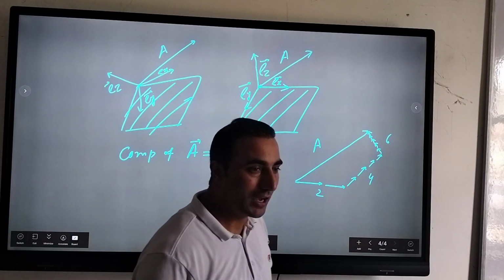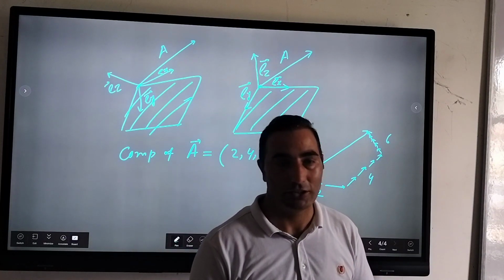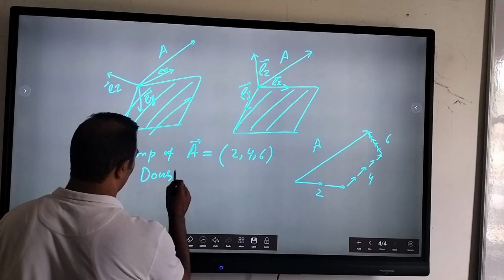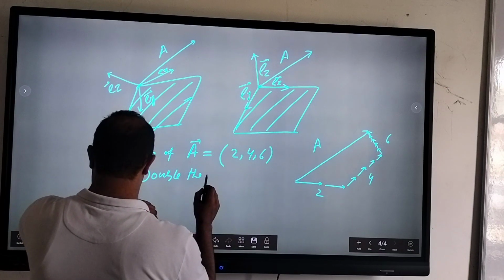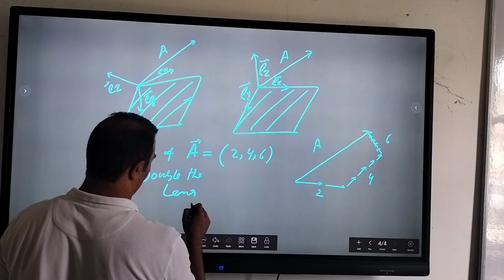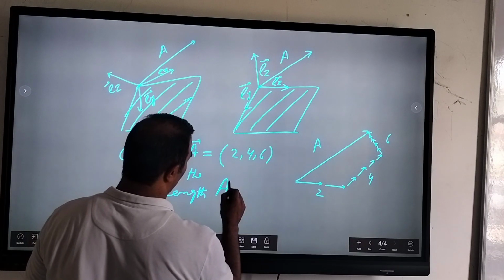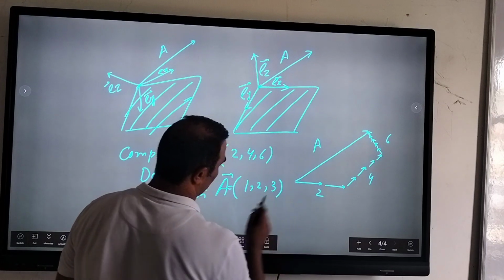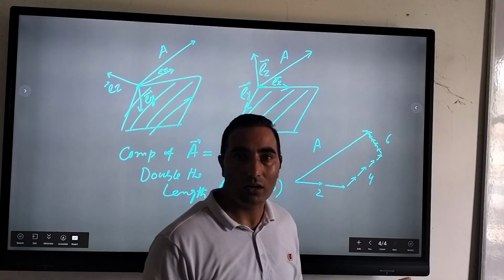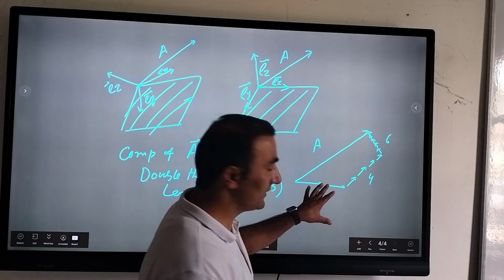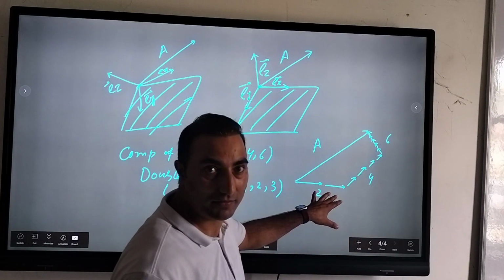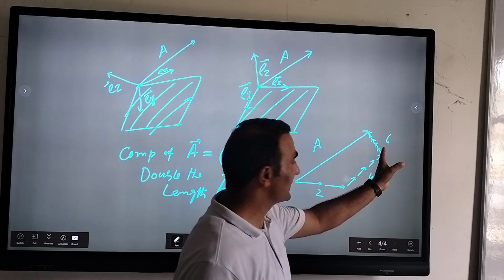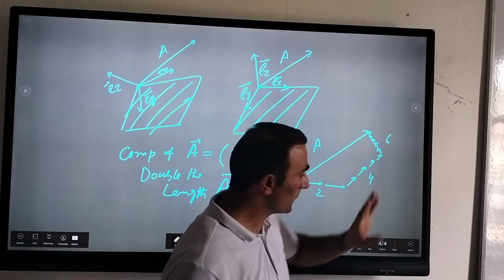Now, if we double the length, what will happen? Here we had 2 basis vectors along x, 4 basis vectors along y and 6 basis vectors along z direction, right?